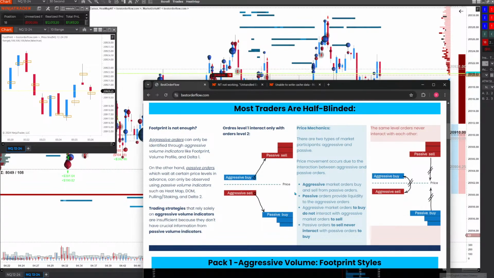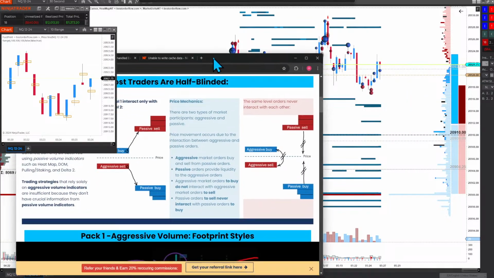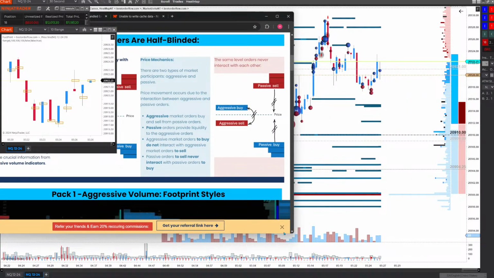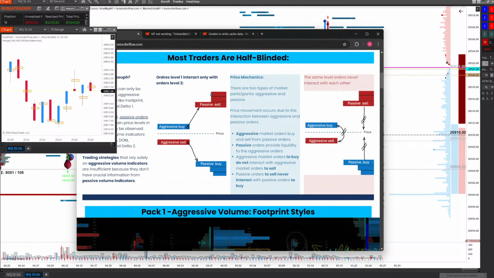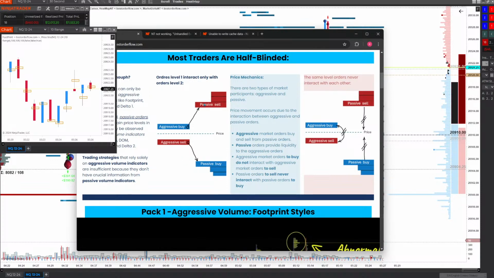A strategy is incomplete if you build it only on a footprint. If you're trading the volumes, it is a must to see both sides of the equation, passive buyers and sellers and aggressive buyers and sellers, because this is how the orders are matching.